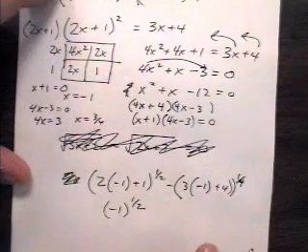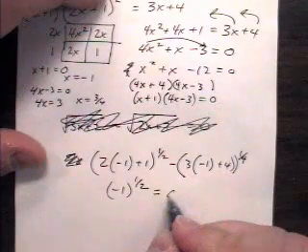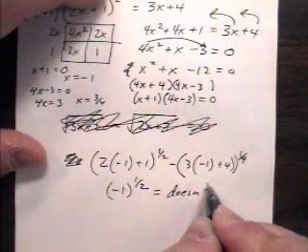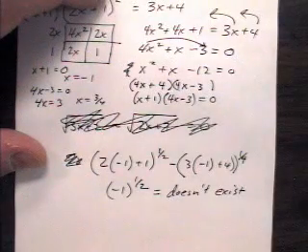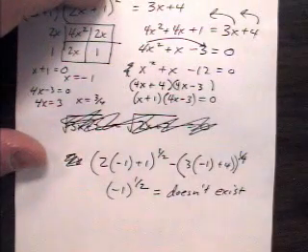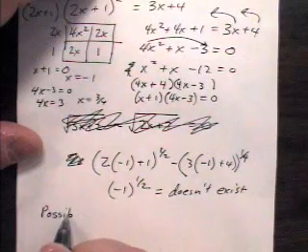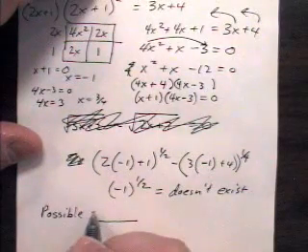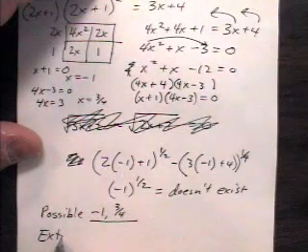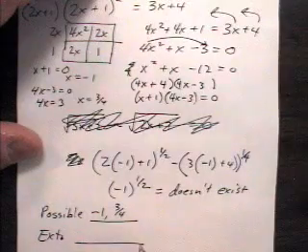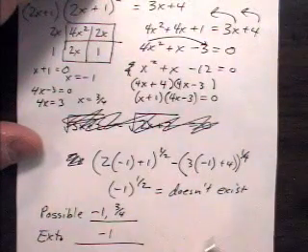Uh-oh, got a problem. That doesn't exist. There's no real number for that. So, in terms of my possible solutions, yes, I had negative 1 and 3/4. But in terms of extraneous solutions, we just found out that negative 1 is an extraneous solution.